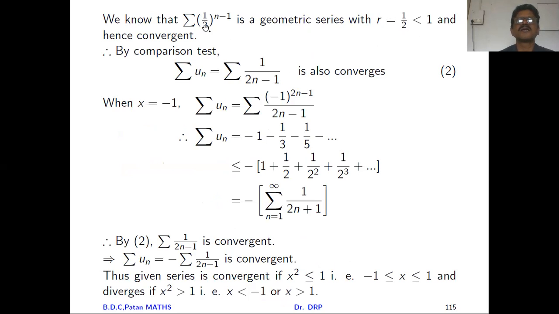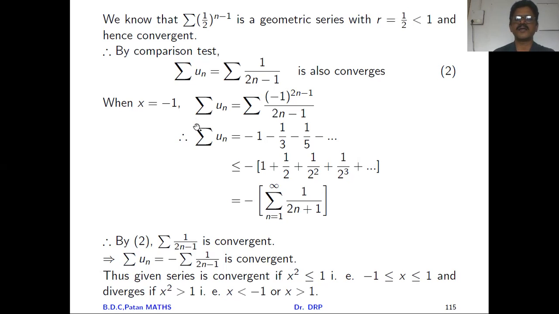Hence, the series is convergent. So by comparison test, summation 1 upon 2n minus 1 is also convergent.